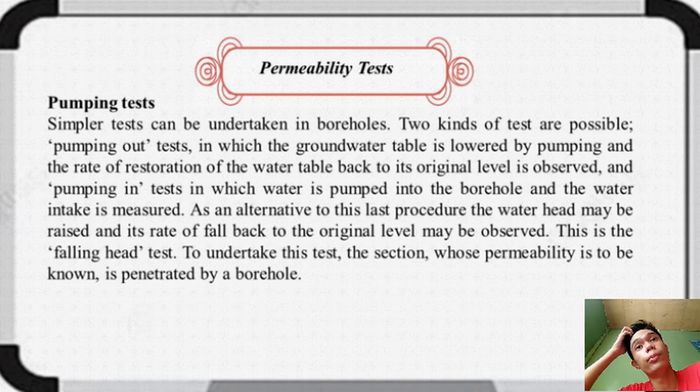Either ang pumping out in which magkuha kag water tapos imuhang obserbahan kung kanus-a mubalik ang iyahang original water level, or ang pumping in test in which mabutang kag tubig sa borehole unya ang water intake or ang pag-absorb sa water sa borehole kay imong measure, or lastly ang falling head test or ang isa ka test kay measure by making a borehole.